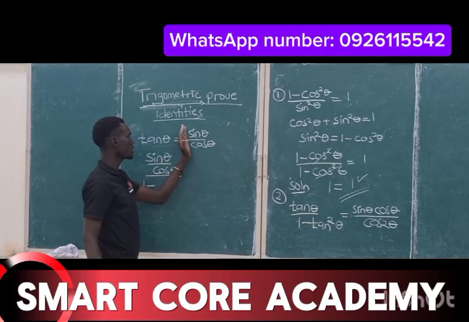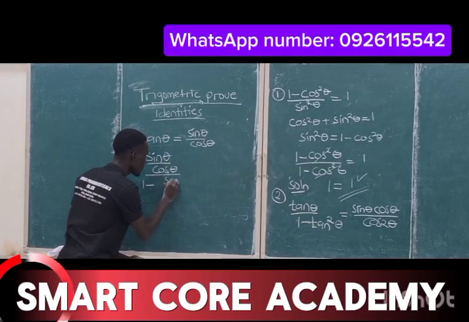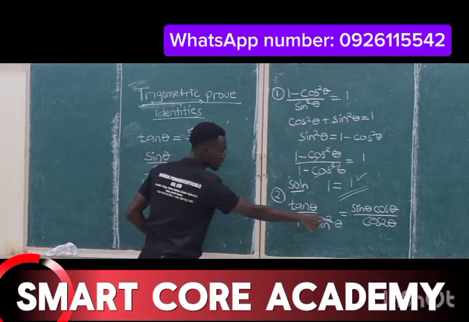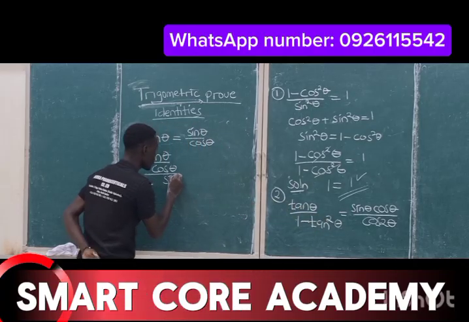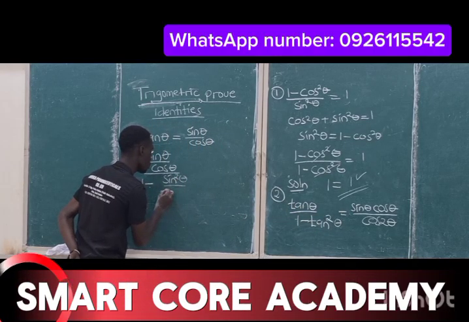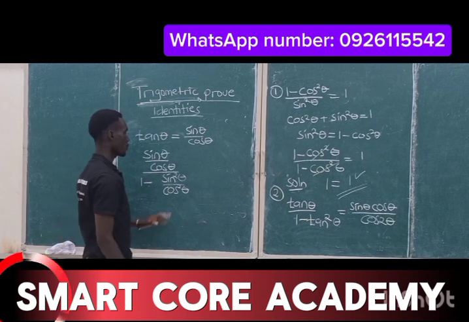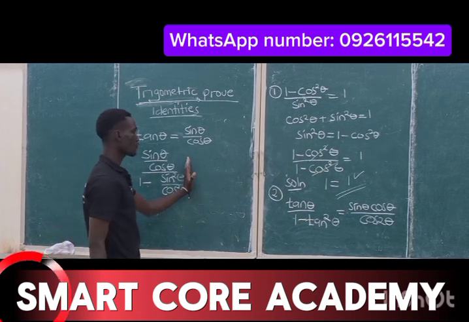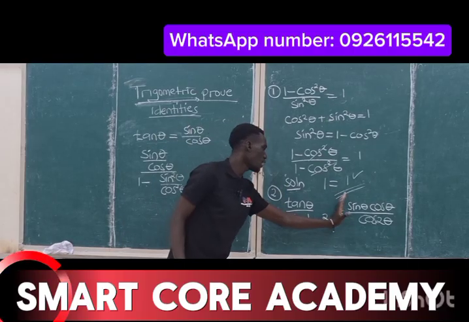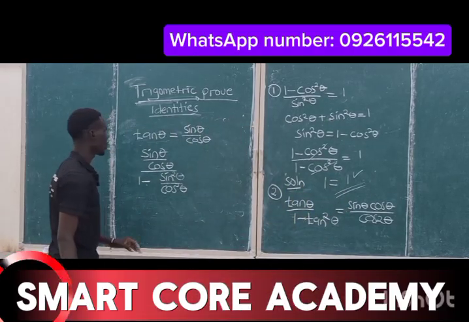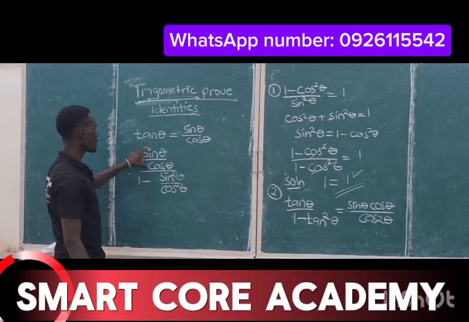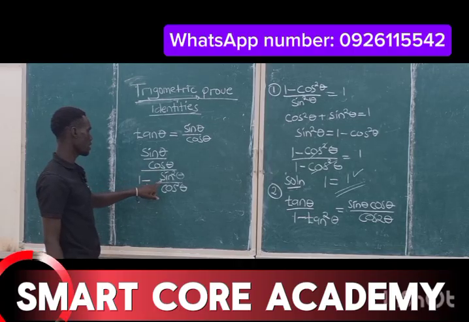But where there is tan, we put sine, and because this one is squared, all of them are going to be squared, all over cos square theta. We're dealing with this part of the equation as we eliminate this side that we need to prove. So let's come. Sine theta, cos theta, and this one here.